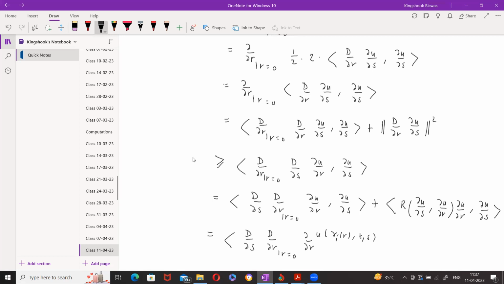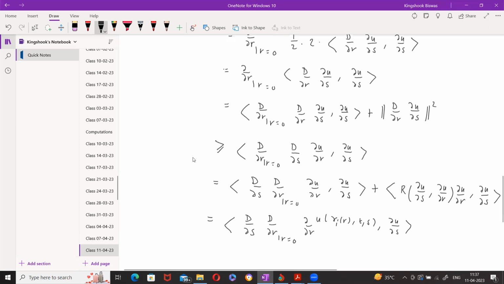Now this second derivative is nothing but the second fundamental form of u applied to e_i, e_i. Is that clear?